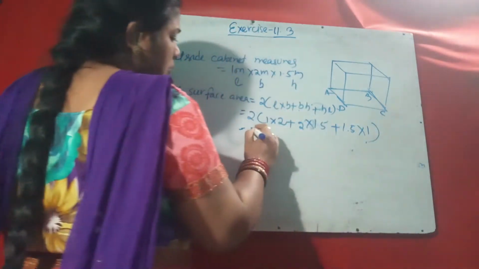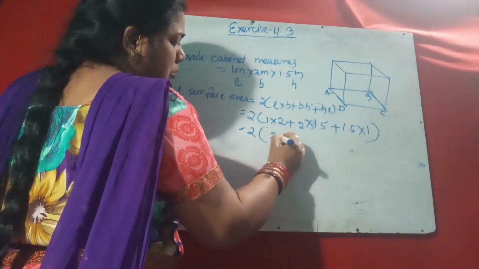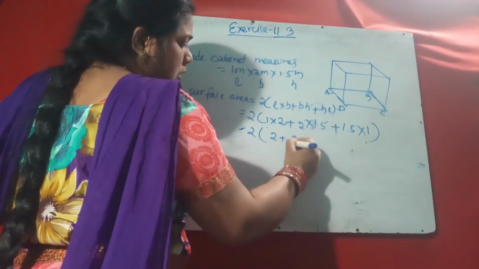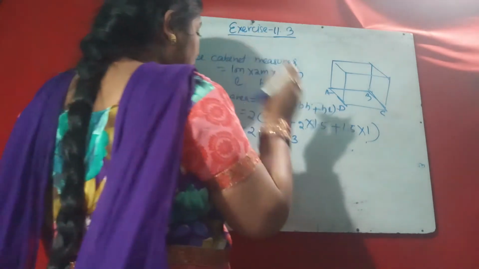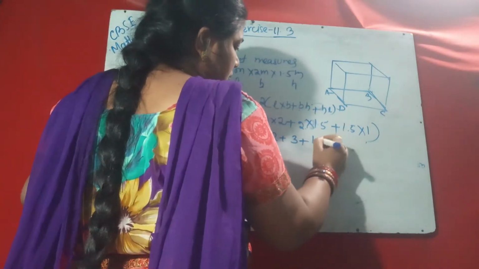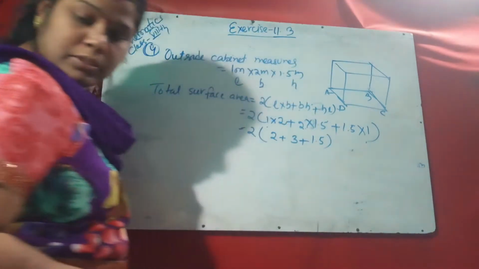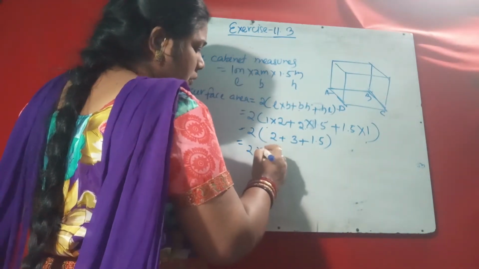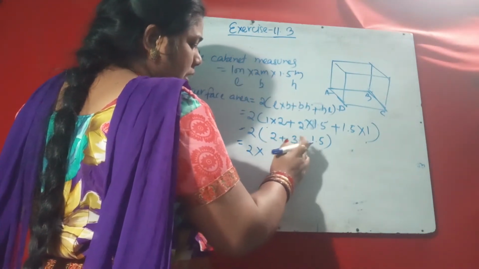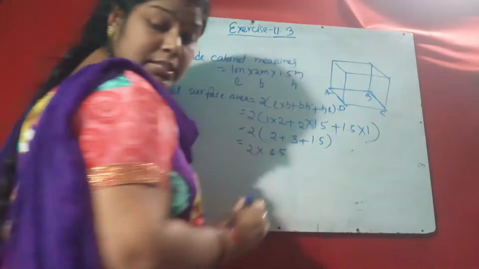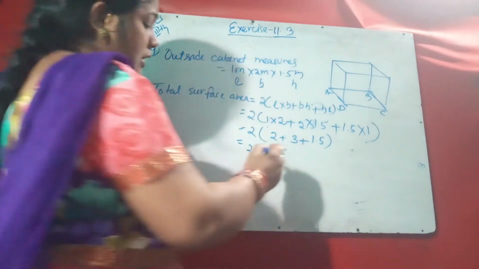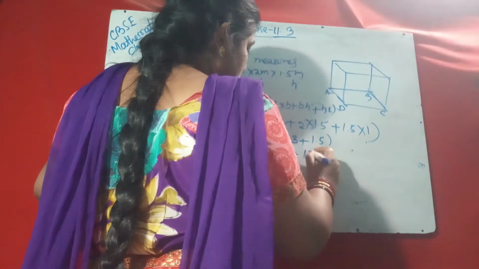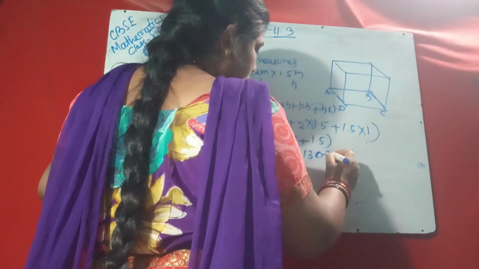So 2 into (2 plus 3, then plus 1.5), that is 2 into 6.5, equal to 13 meter square.